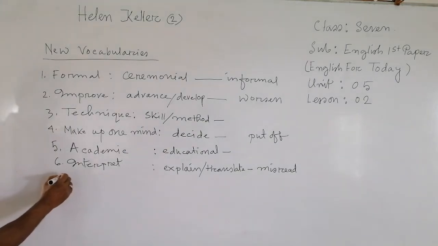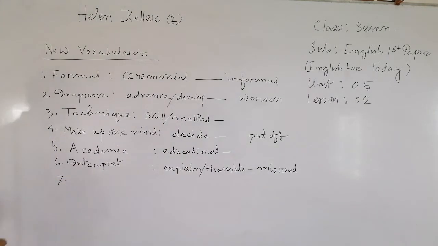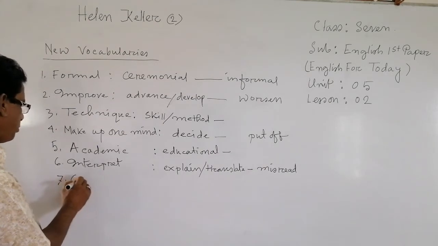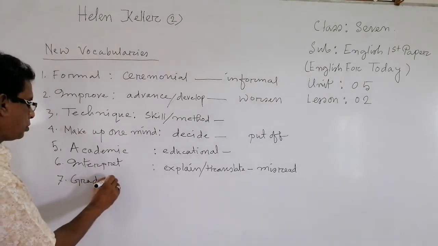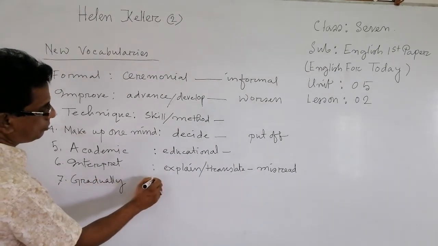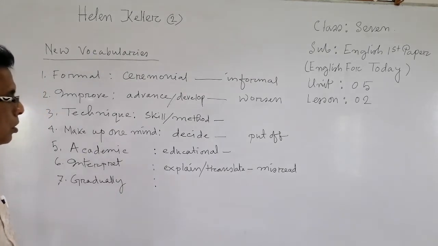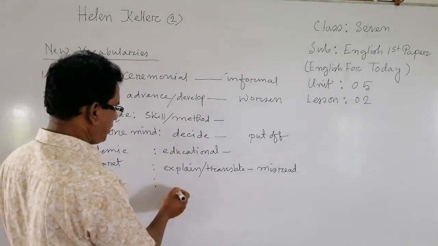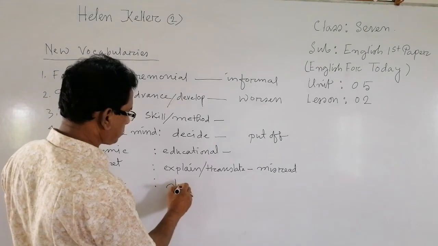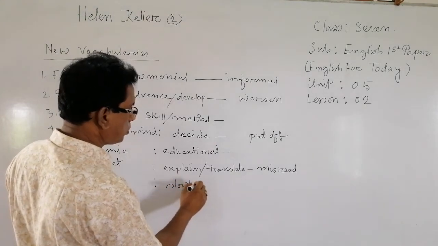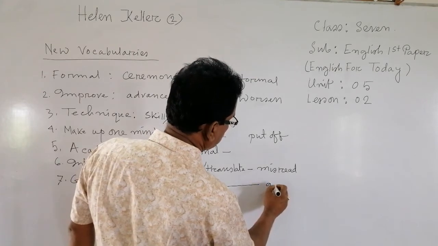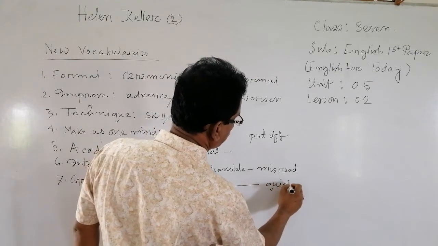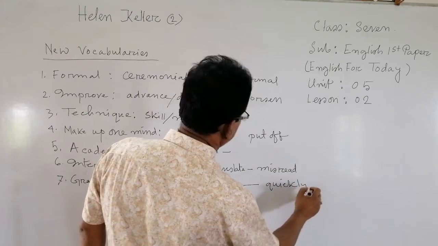Number 7. Gradually. Gradually means slowly. Antonym: quickly.